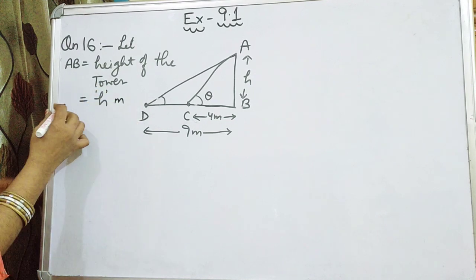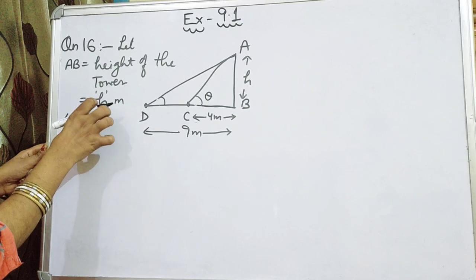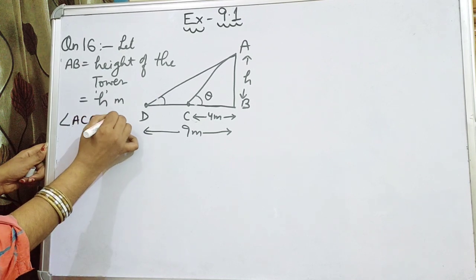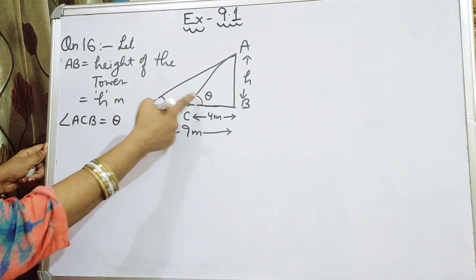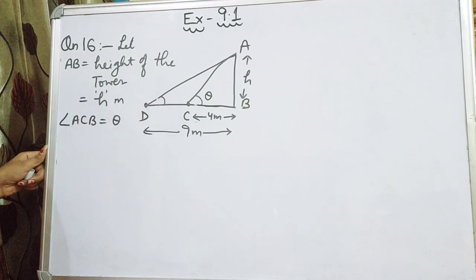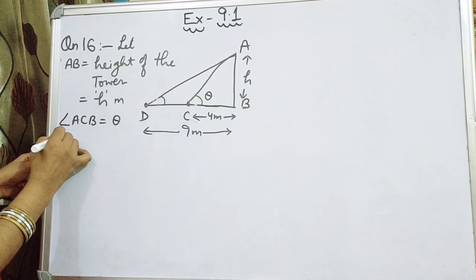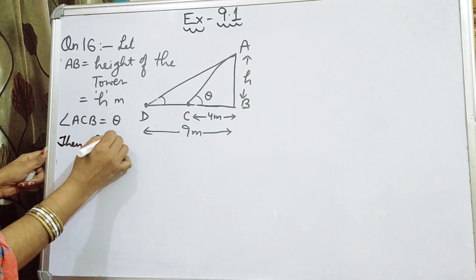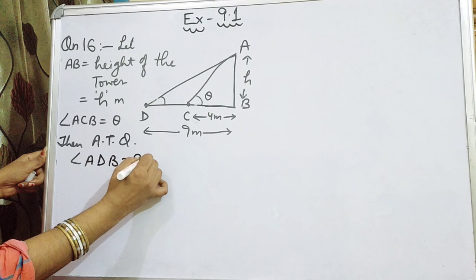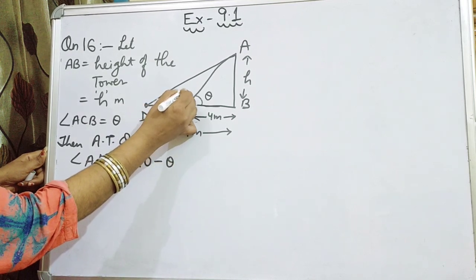Now I suppose that angle ACB is theta, and the sum of these 2 angles, ACB and ADB, is 90. So if these 2 angles are complementary and this is theta, then according to the question angle ADB must be 90 minus theta.